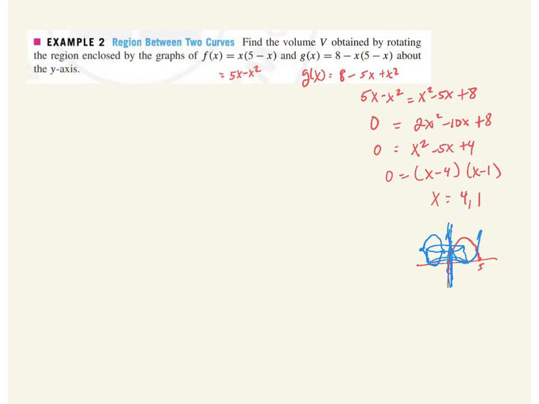The radius is still that x value. It hasn't shifted in any way. I didn't draw this touching, I should have. And the height is still going to be the function value. So we're still going to set up the integral of 2 pi x times the difference between red and blue, f minus g.